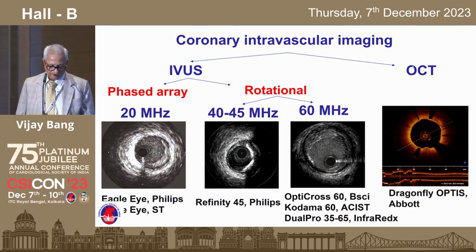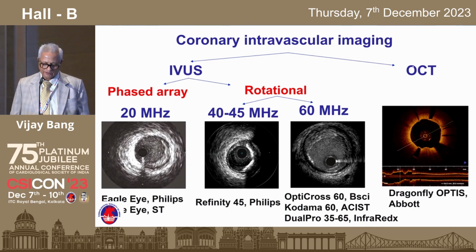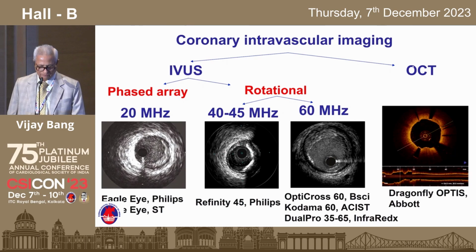We all know that there is IVUS and OCT for imaging. IVUS is phased array and rotational array, with increased high-definition pictures, and various types of catheters are available. First we have to choose what exactly we want. For OCT there is only one, but usually for LMCA PCI, IVUS is preferred for its penetration ability.